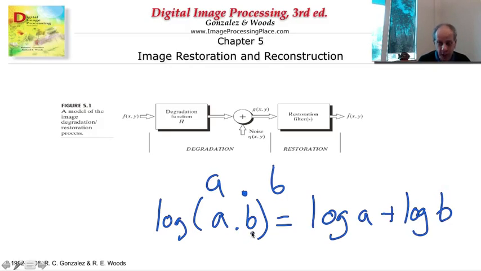So if b was my noise, I basically transform it into additive noise. So instead of working with the image, I'm going to work with the logarithmic version of the image, and I'm going to work with the logarithmic component of the noise. So basically, you give me the degraded image g, I take the log of g, and I treat everything else from now on as if it was additive noise. When I finish recovering it, I basically have to invert this operation, and that's an exponential function.